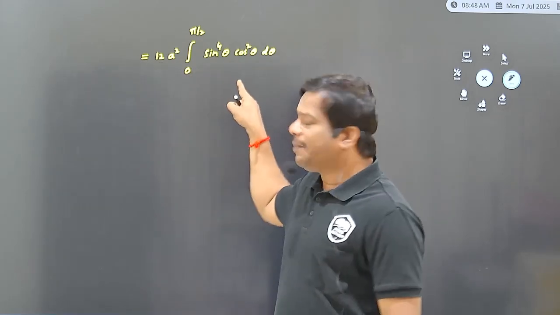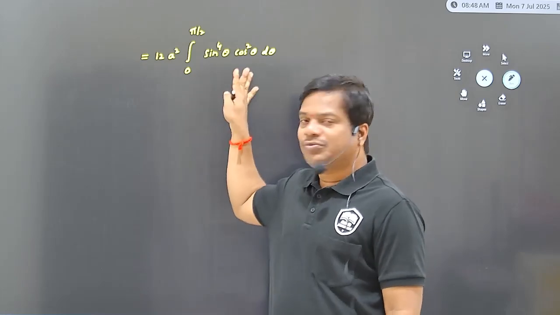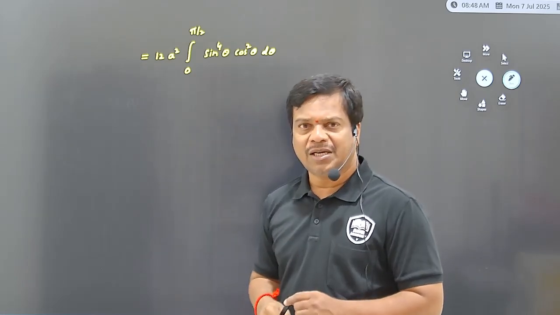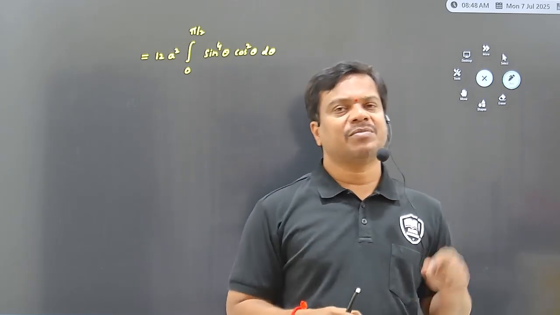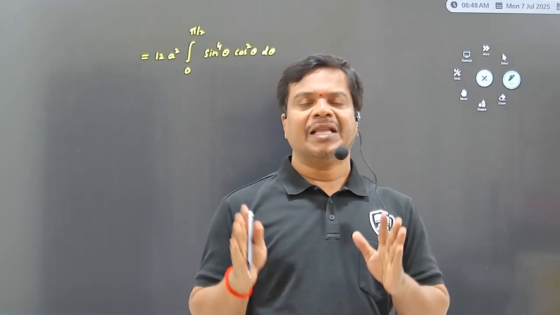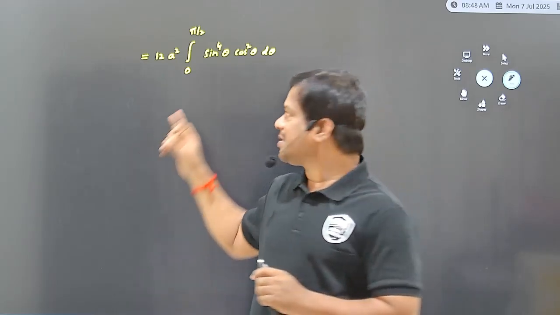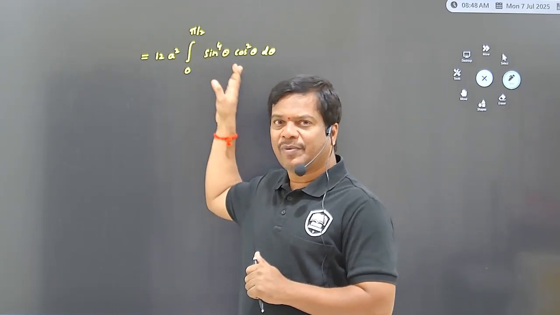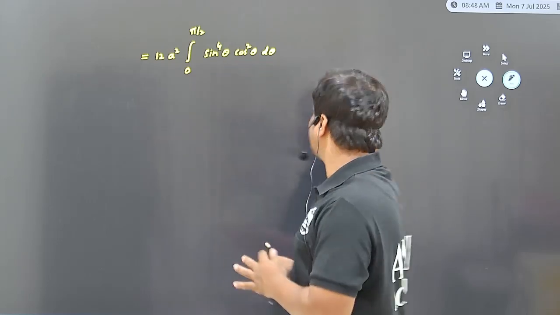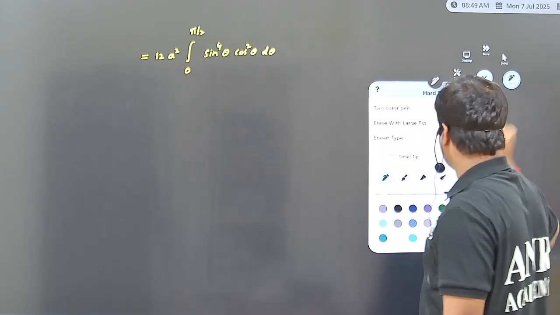Now you have to apply the reduction formula to find this integral. You know that when you have limits from 0 to pi by 2 and the integral function of the form sin x whole power m cos x whole power n, then you have the result. That reduction formula result, I am going to use now.